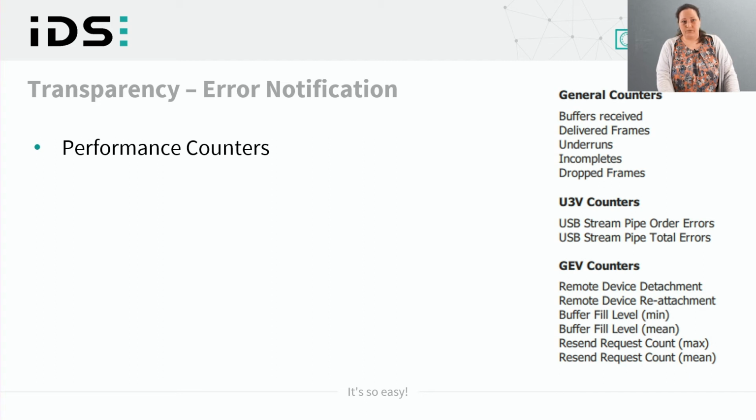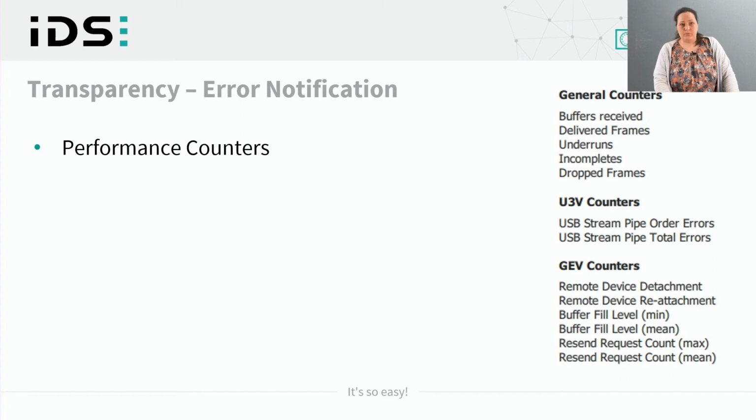These are general counters already available by standard, but we also introduced some USB or GigE specific counters, for example, about the stream pipe errors on the USB connection, or about the buffer fill level or resends for GigE Vision.